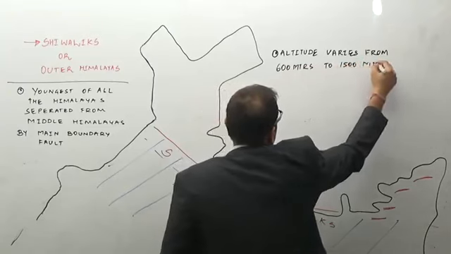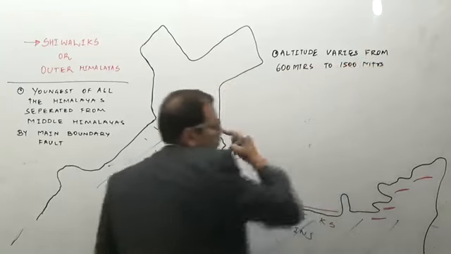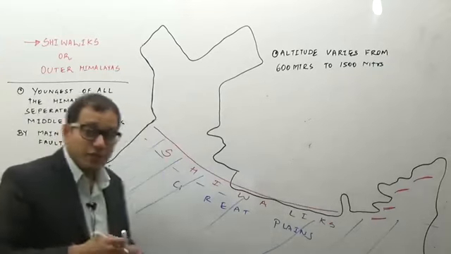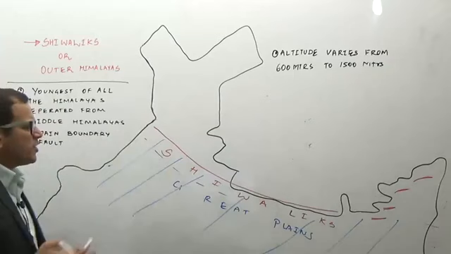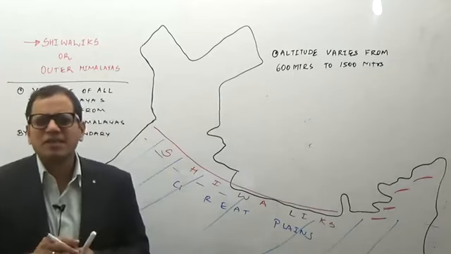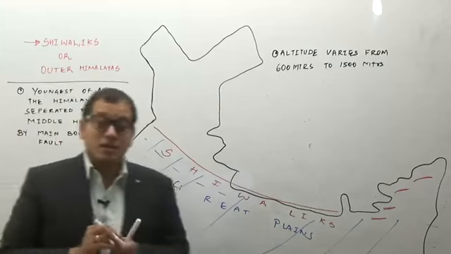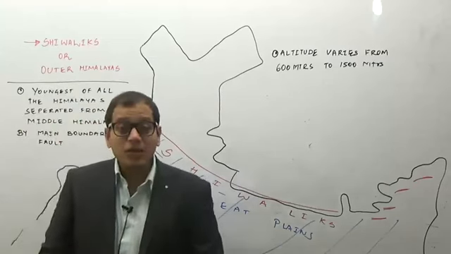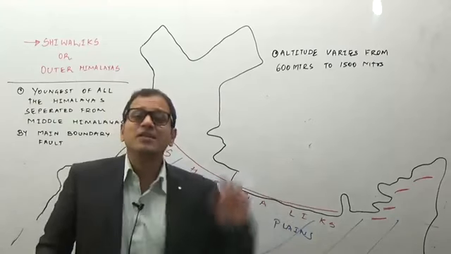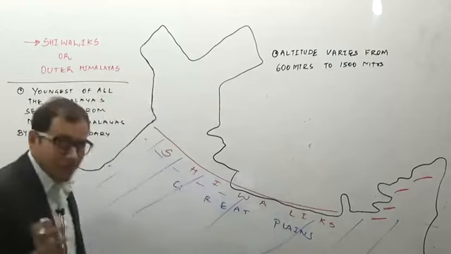In this varying altitude from 600 to 1500 meters, that means they are not of a greater height. 600 to 1500 meters is not that big a height. Some of the hills of peninsular India are higher than the Shivalik ranges. Why? Because they have formed just recently in the geological history of the earth.